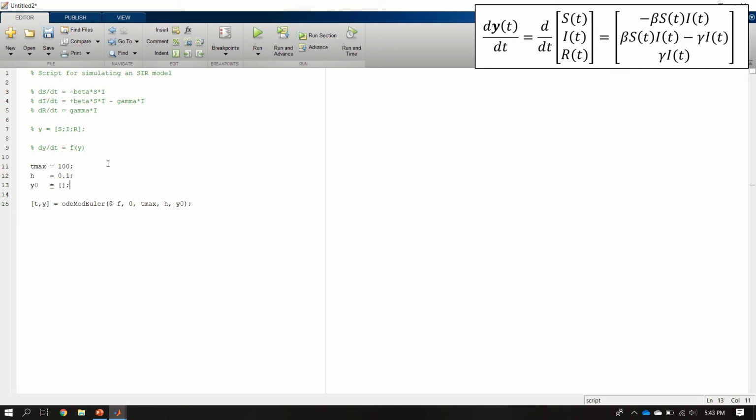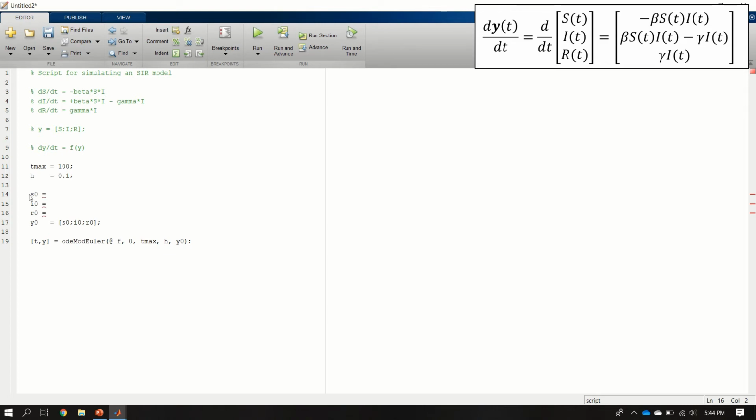So this initial condition y0 consists of an initial condition for S, an initial condition for I, and an initial condition for R, where these still have to be specified. Okay, let's normalize everything such that S0, I0, and R0 sum up to 1.